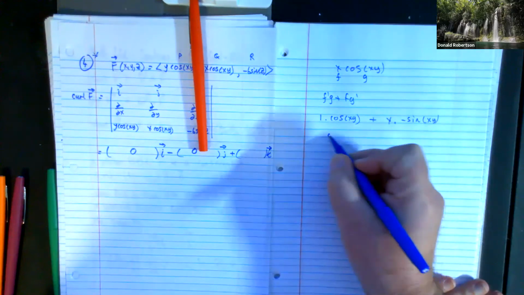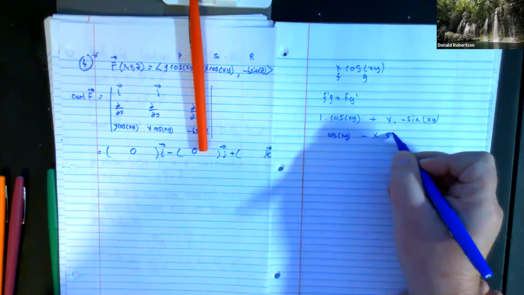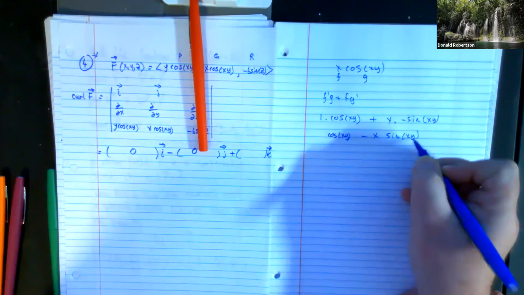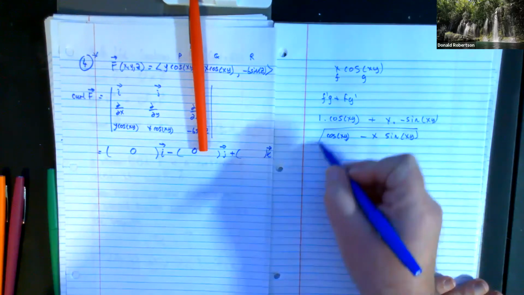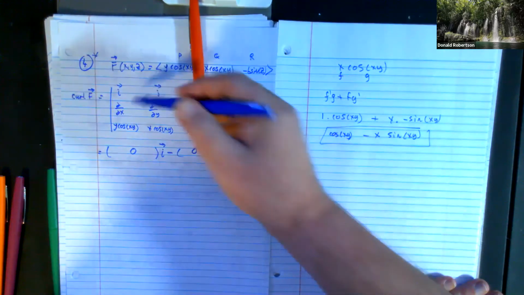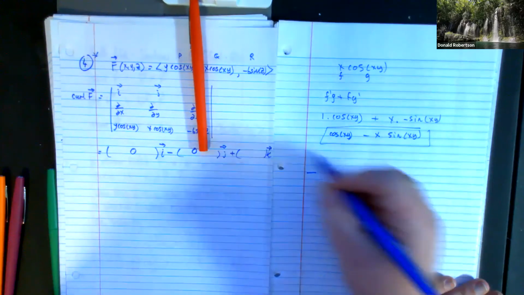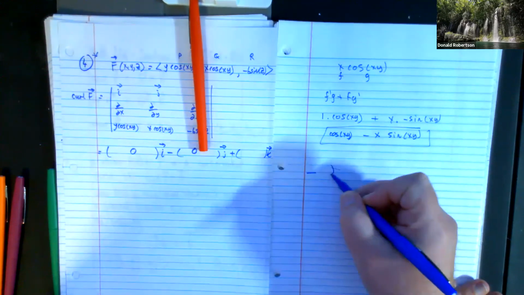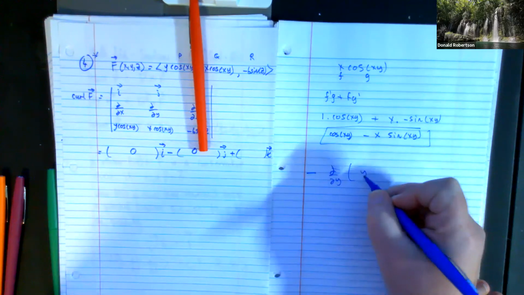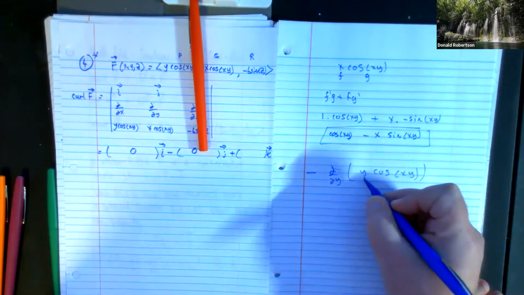So it's cosine of xy, take away x sine of xy. Okay, that's what the first piece is. Right, so going that way, then I'm going to subtract the derivative of this fella, which also happens to be a product rule.